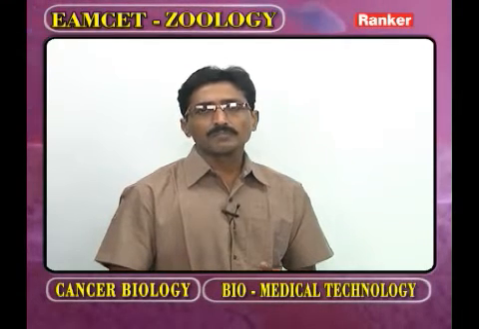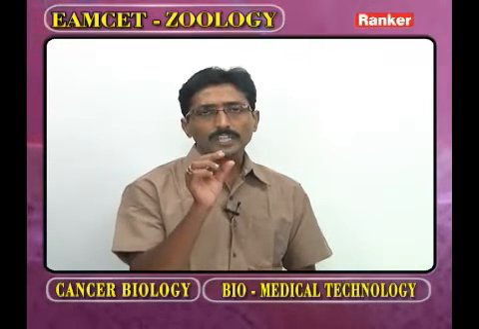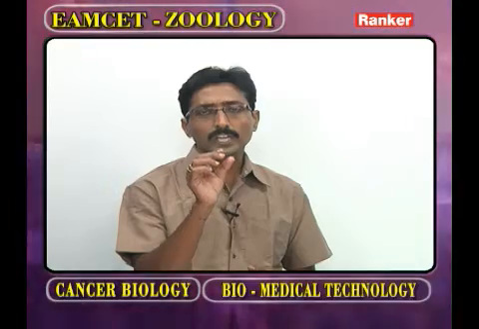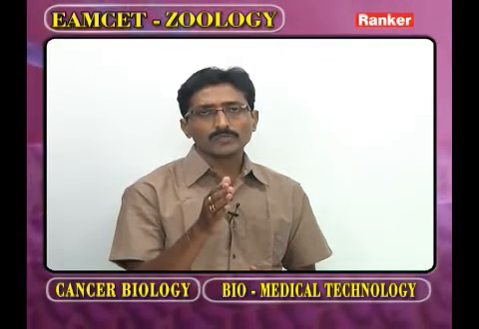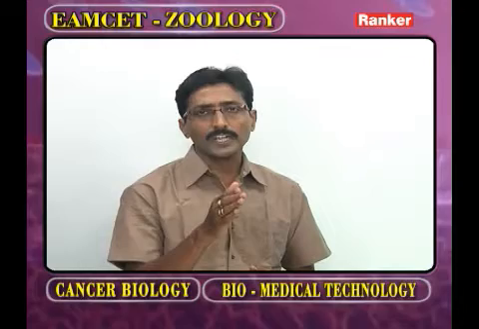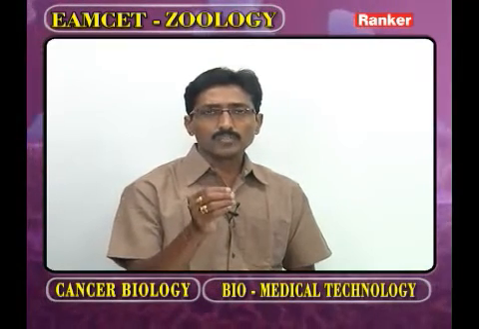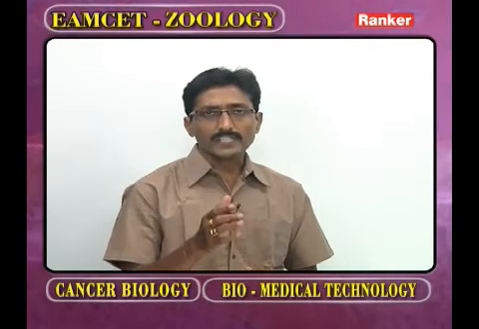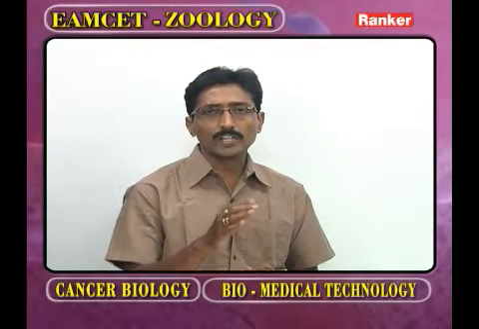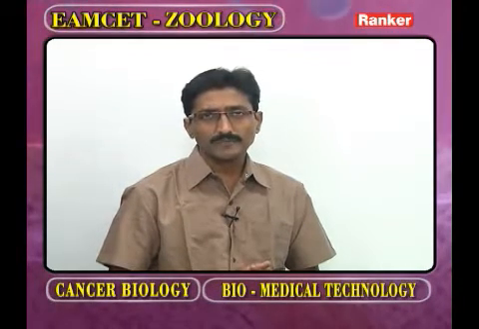But in the case of a benign tumor, a capsule is present around the cell group. So in the benign tumor the cells do not migrate from one place to another. The benign tumors can be removed by surgery, whereas malignant tumors cannot be removed by surgery.